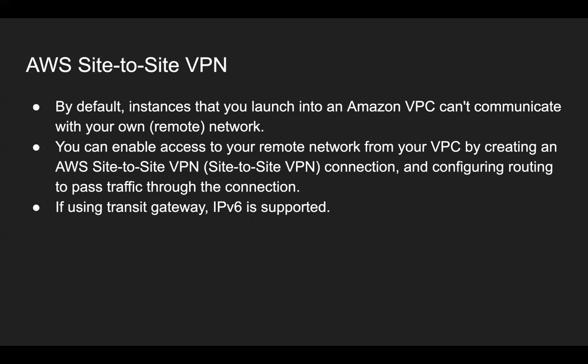You have to enable something called a site-to-site VPN connection, configuring the routing to pass through that connection. So in your route tables, you will mention that if you want to reach my on-premise network, you have to go through this particular site-to-site VPN connection, where you would possibly be using something called a virtual private gateway, or you would be using something called a transit gateway. But if you're using transit gateway, remember that IPv6 is supported.